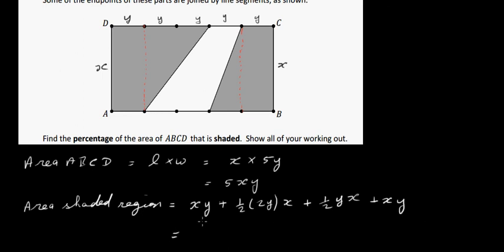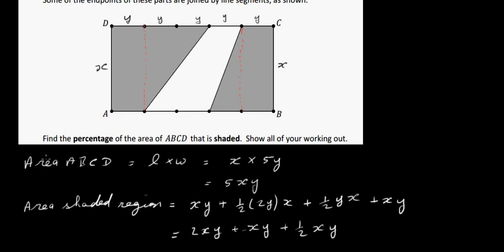So what do we end up with here? Well, we have an xy plus an xy. Well, that's 2xy. We have half of 2, which is 1, so we just end up with an xy here. This bit here is just xy, and here we end up with half xy.